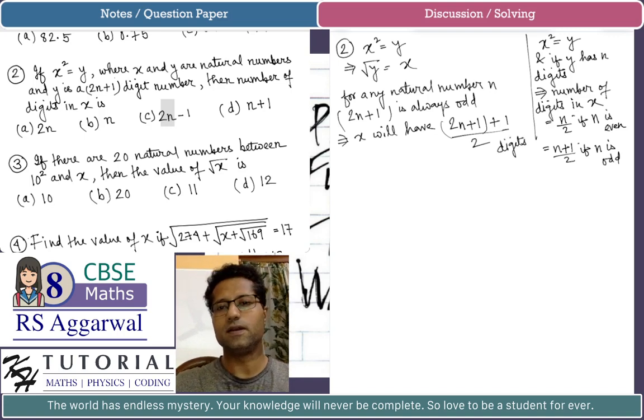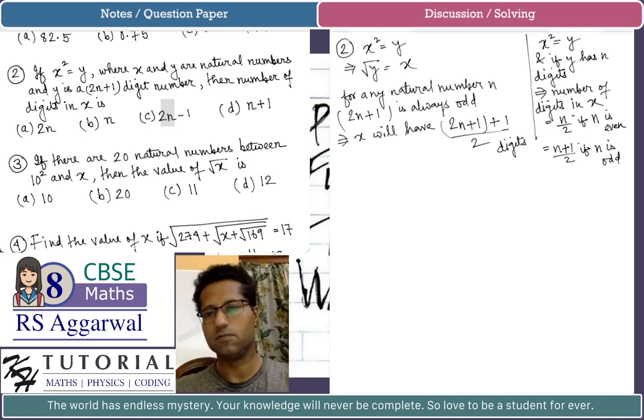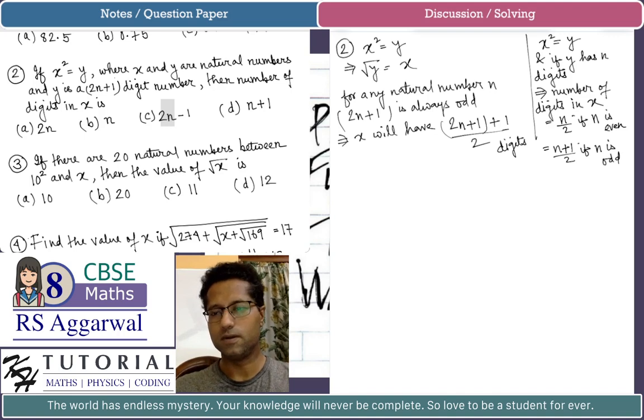Since it is given that y has 2n plus 1 digits, and 2n plus 1 will always be odd because n is a natural number, the number of digits in the square root of y, that is x, will be the number of digits in y plus 1, divided by 2.